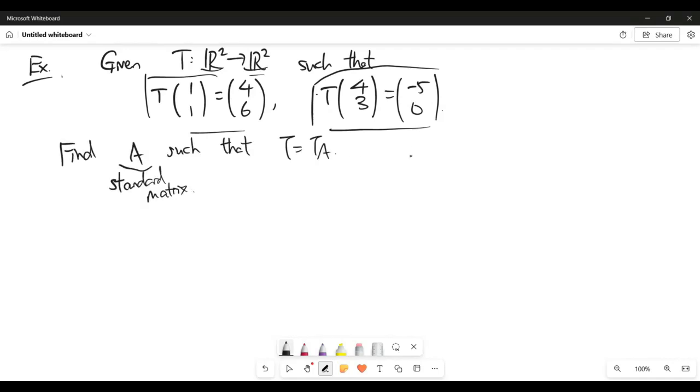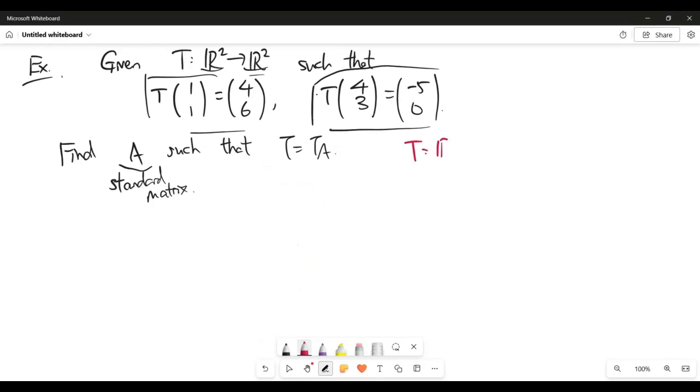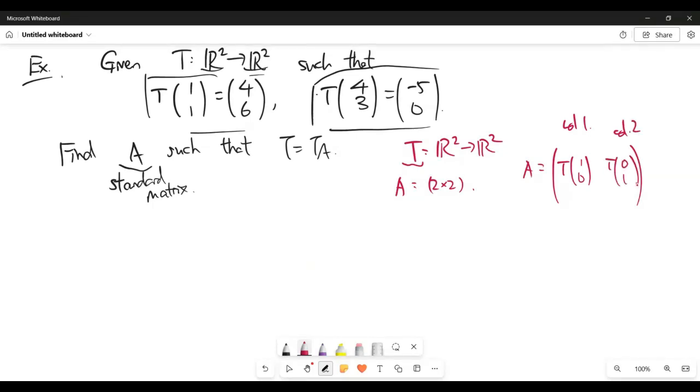If you have been following what we have been doing up to now, T is a two-dimensional domain mapping to a two-dimensional codomain, and the matrix A must be 2 by 2 in terms of size. And the A must follow this fact, where column 1 must be the same as T of 1, 0, and column 2 is the same as T of 0, 1, right?